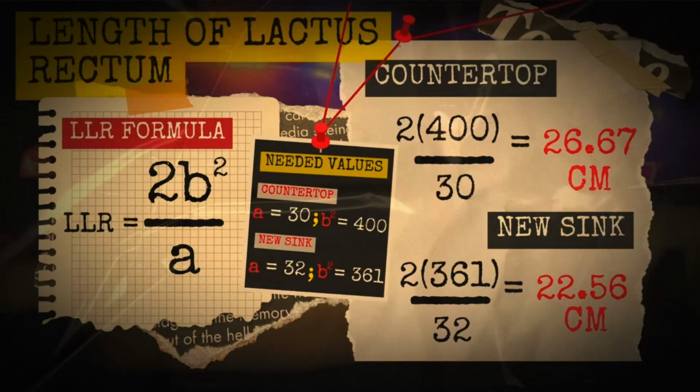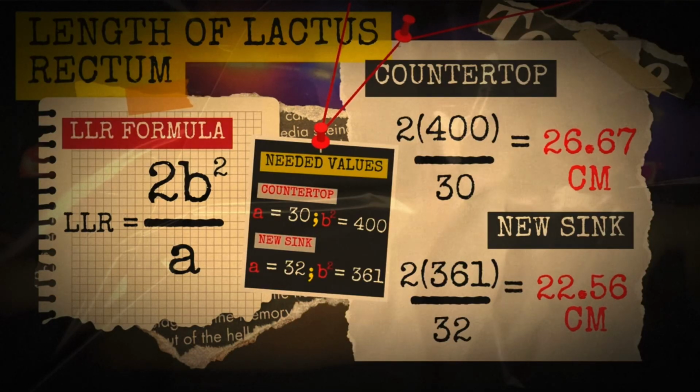So we will just be needing to multiply 400 by 2. And the result of it, we will be dividing by 30, which results to 26.67 centimeters, making it the length of our latus rectum of our exhibit.